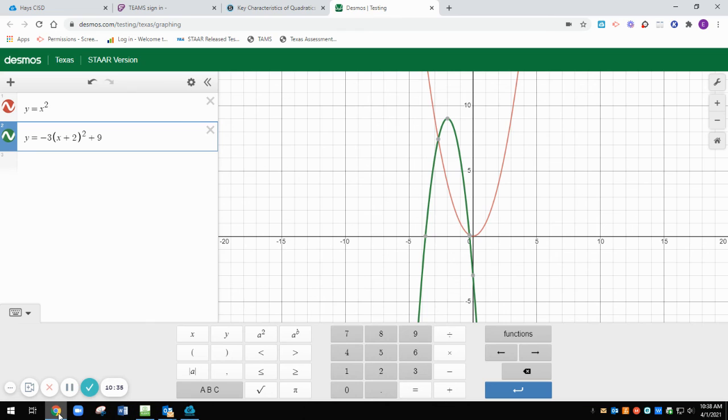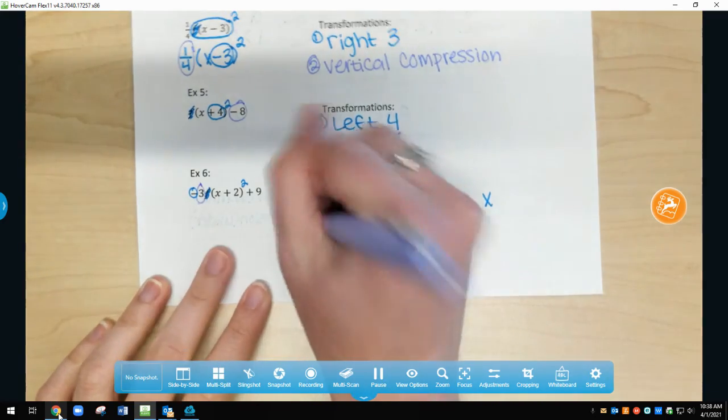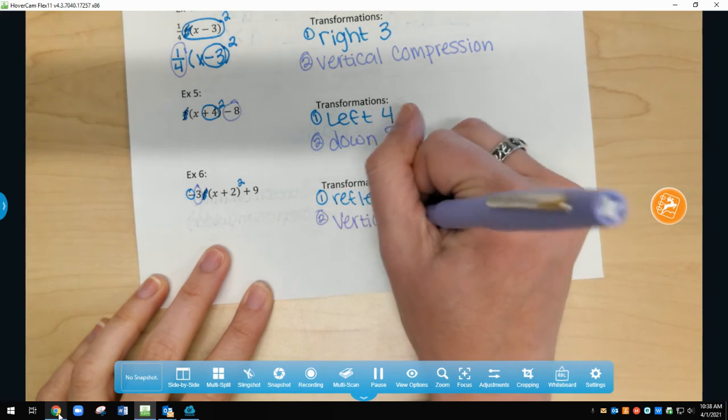Okay, if we look again, it's a little skinnier, so that's because of the 3. So that's a vertical stretch.